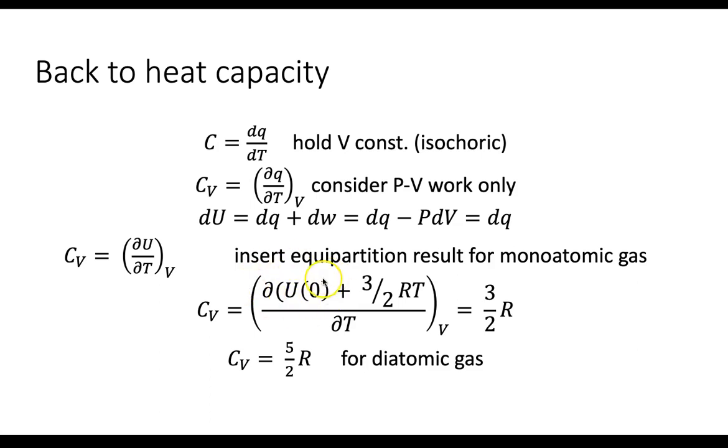And then the derivative of T with the constant pulled out is 3/2 R. And so we know that our heat capacity using the equipartition theorem at constant volume for a monatomic gas would be 3/2 R. And likewise, based on our definition before, the heat capacity is 5/2 R for a diatomic. And it would go up as we increase the number of internal degrees of freedom for constant volume processes.